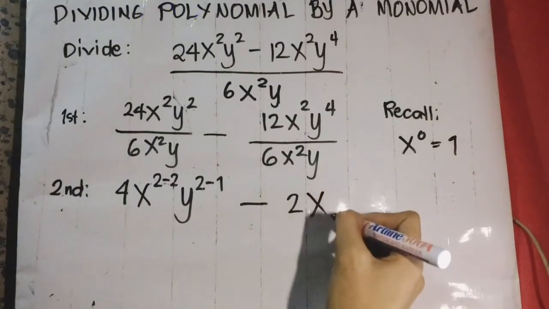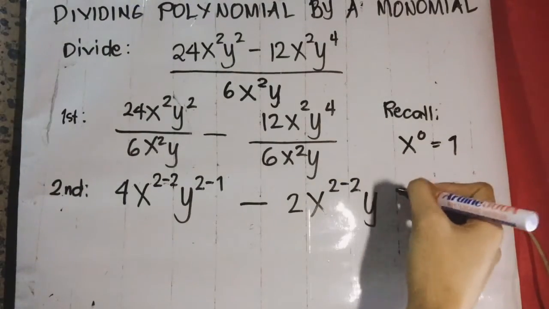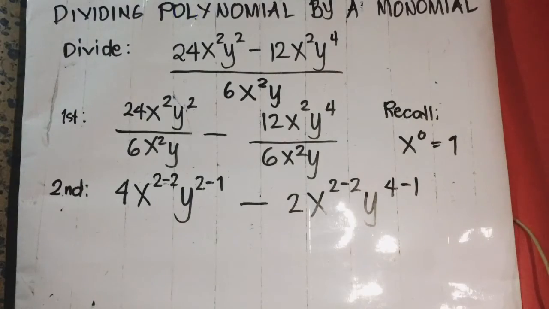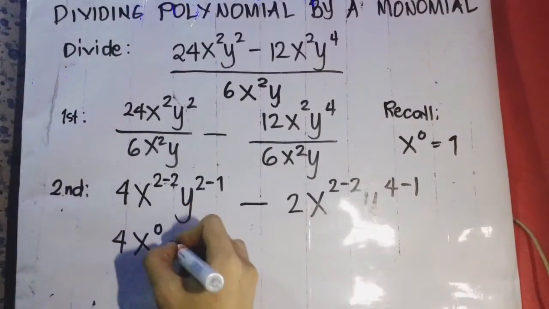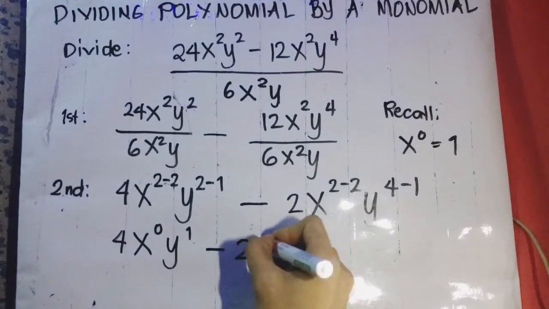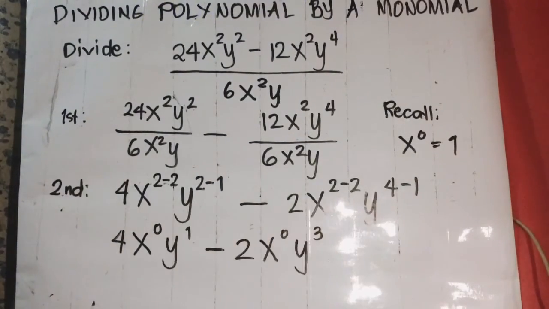Same, copy the variable x, subtract 2 and 2. Copy the variable y, subtract 4 and 1. So let's now simplify this given expression. That becomes 4x to the power of 0, y to the power of 1, minus 2x to the power of 0, y to the power of 3.